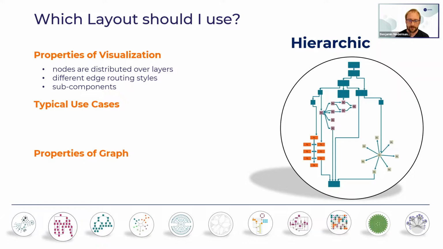Then a further feature that I would like to mention is that it also allows different edge routing styles. So for example, in comparison to the organic layout, which only allows straight lines, here you can use polylines for the edges.